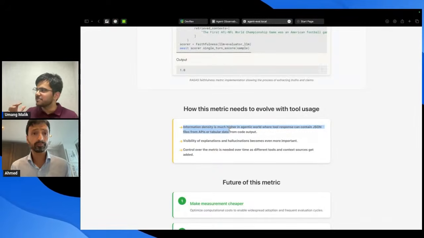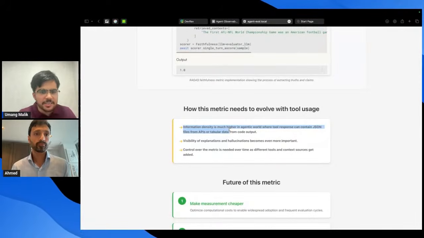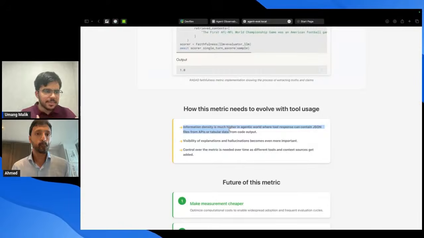Earlier it used to be retrieved articles, but now it's entire JSON files. And LLMs run code, they have these tables with different columns, and the information density is much higher. So when this metric is being computed, we might also want to do some customization in terms of what actually matters and how to manage those prompts.